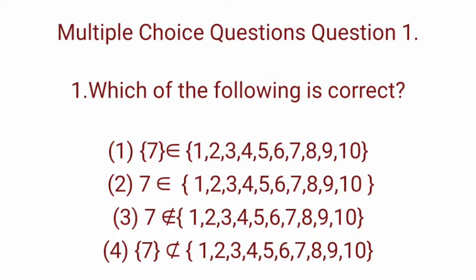Here belongs to means only element of the set. Therefore the first one is a set of 7, that is not an element, that is a subset. Second one, 7 belongs to set 1 to 10. Therefore what is the answer?